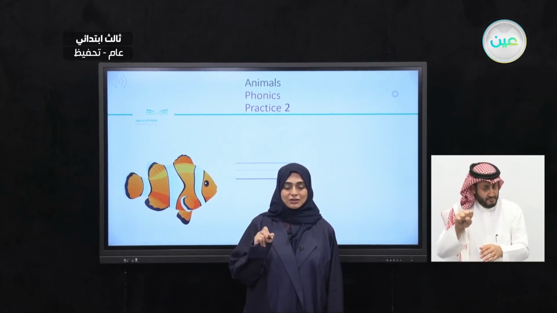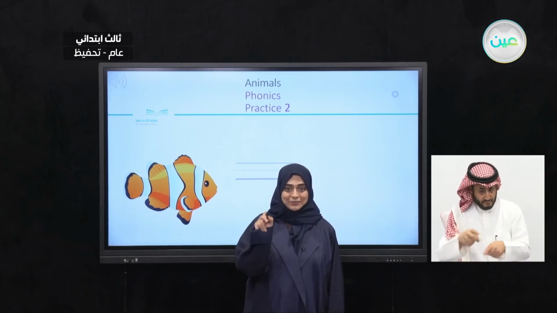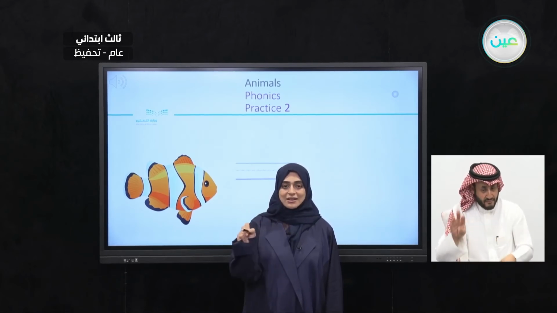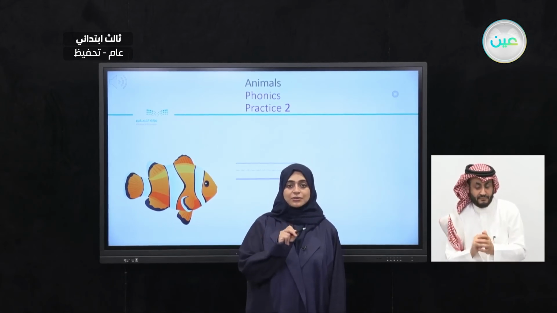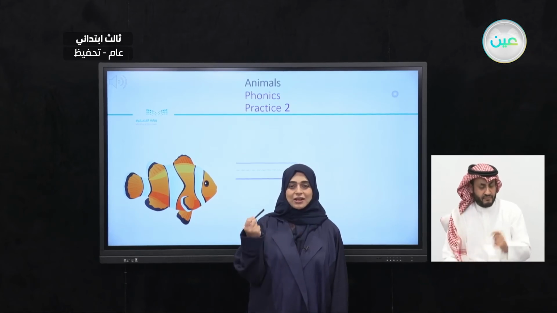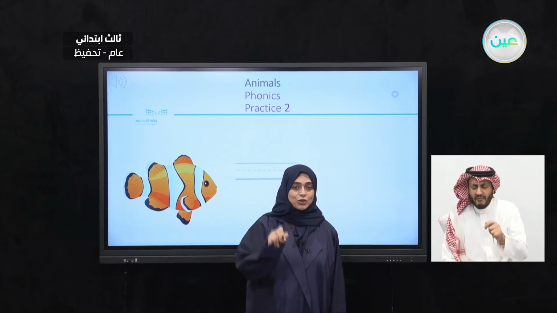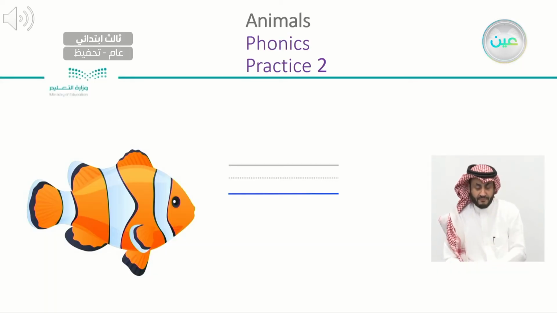Sh. We added an H to the letter S. This makes the sh sound. So we have the word ish. Can you write fish with me? Try not to look. Test yourself. Can you write the word fish without looking? Now I will write the word fish. Fish.